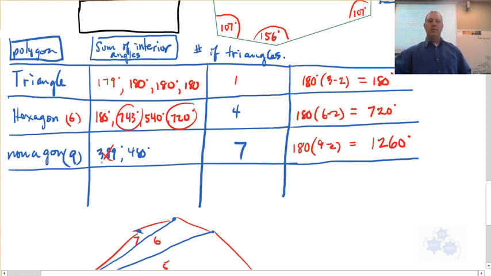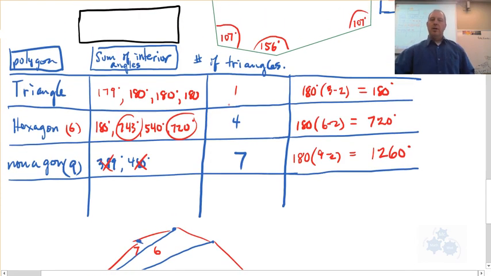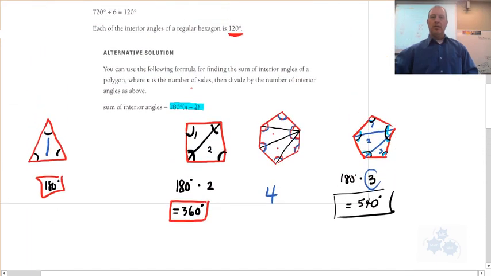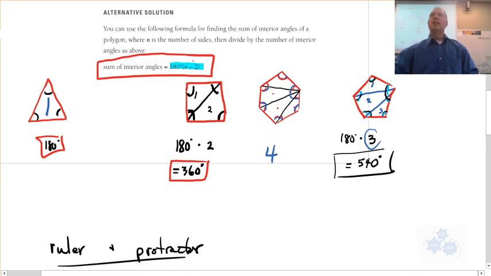Okay, so we're a little off with those. But guys, 720 was correct here. 180, we confirmed that. And most of you didn't finish the nonagon. But here's a little shortcut. The sum of the interior angles of any polygon, and again it's going to be a concave polygon, is 180 times n minus 2.